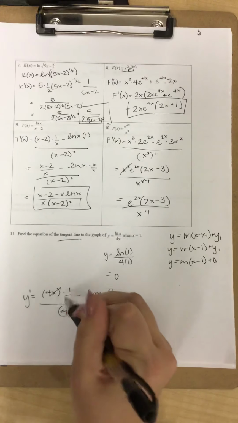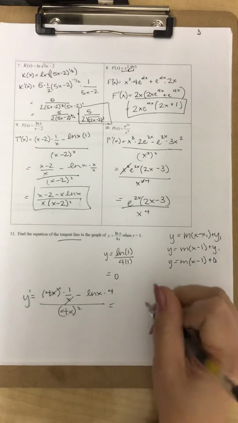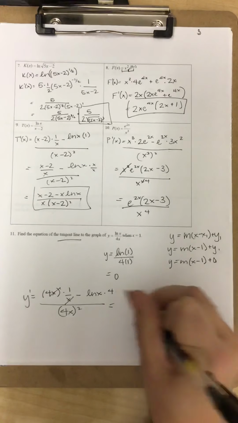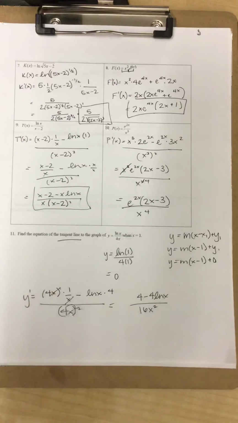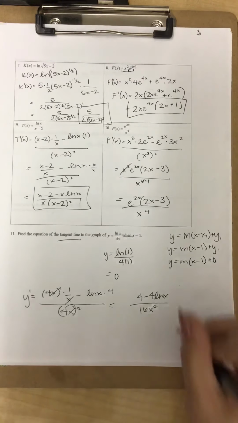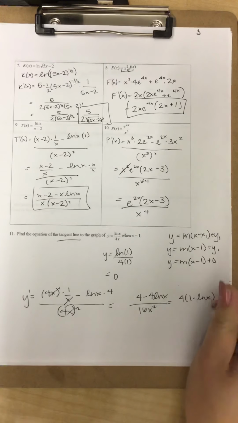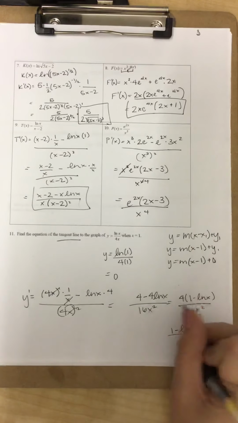When you clean it up, these go away, which is kind of nice. So you have 4 minus 4 natural log x over 16x squared, because this 2 belongs to both. We can pull out a 4 to make our lives just a teensy bit easier. And that reduces, so you get 1 minus the natural log of x over 4x squared.